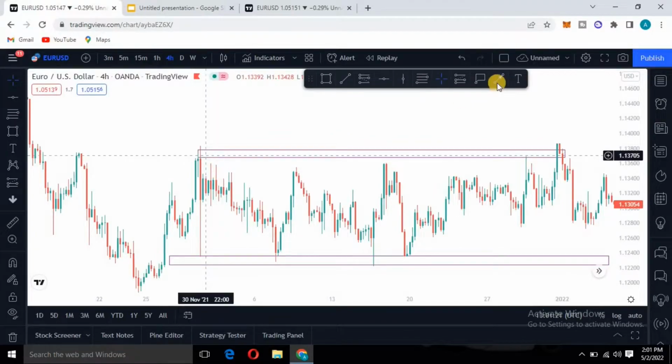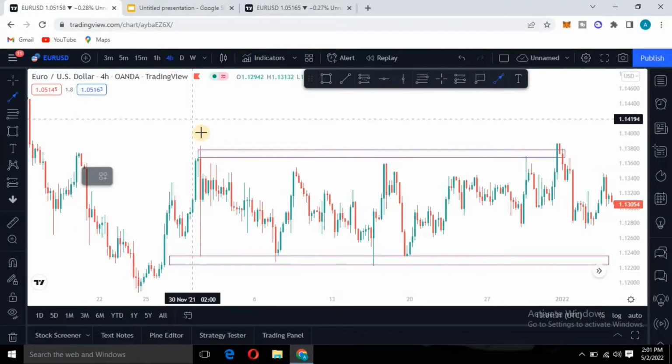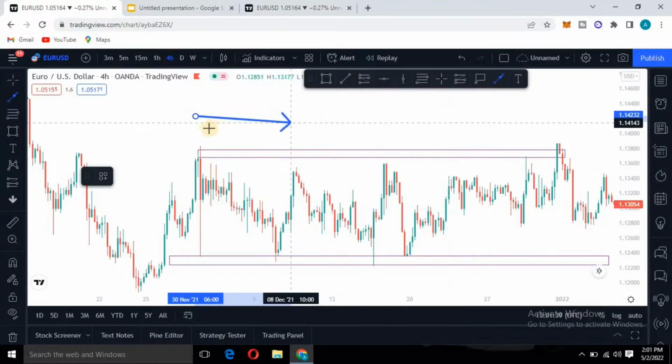This region resists it from moving higher. As you can see, we have resistance here. We also have resistance here.